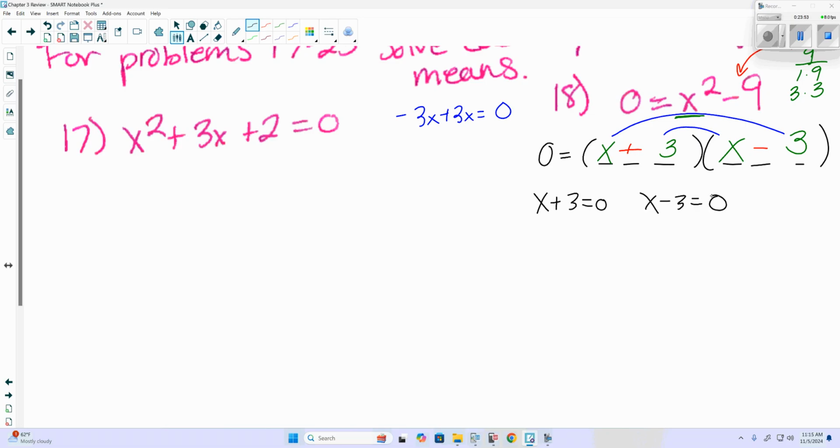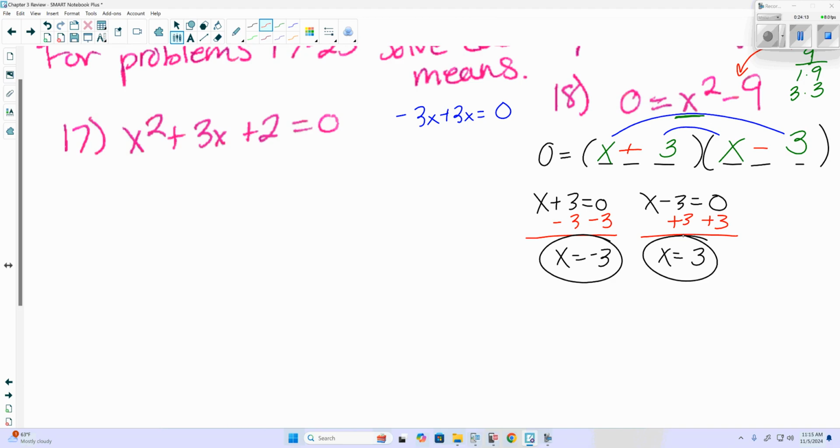Since we have two or more things that multiply together to equal 0, one of them has to be 0. So either x plus 3 is equal to 0, or x minus 3 is equal to 0. If we solve these, just like with graphing, it tells us x is -3 and x is equal to 3.